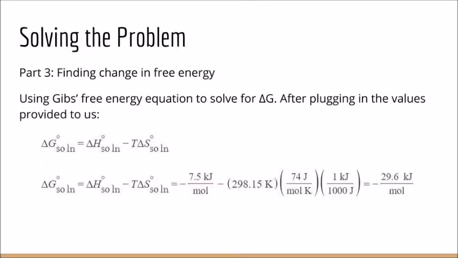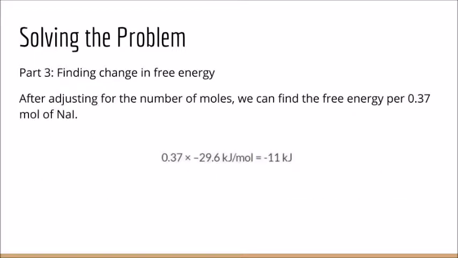Answer choice C. To find the change in free energy, we need to use the Gibbs free energy equation and solve for delta G. We calculated the delta G value to be negative 29.6 kilojoules per mole. After we adjust for the number of moles, we get the answer of negative 11 kilojoules per 1 mole of sodium iodide.